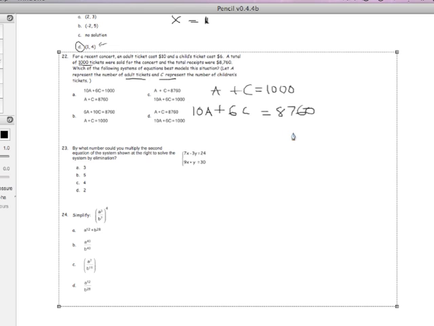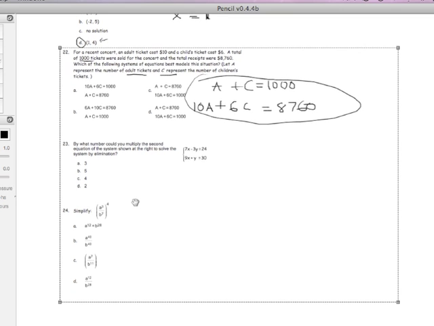And A plus C has got to equal 1,000. So, well, that's the answer.